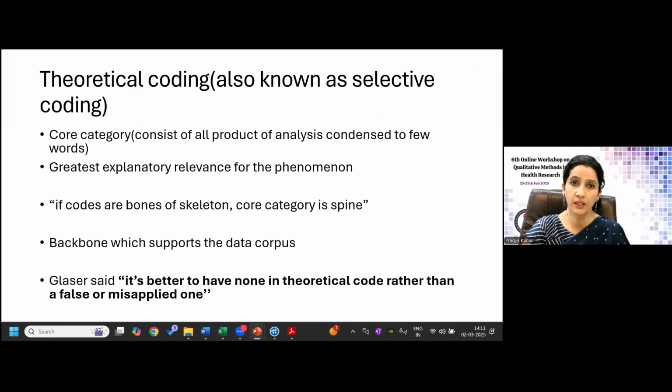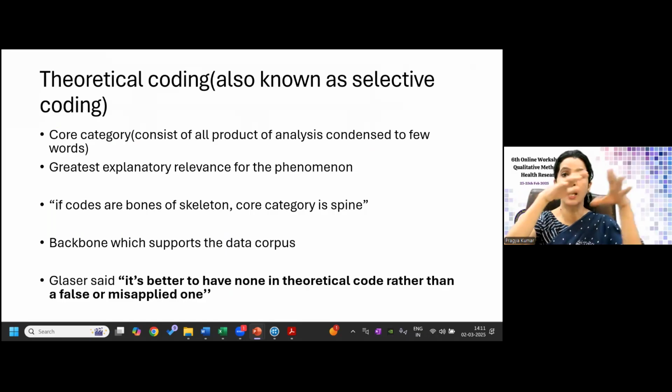Now coming to the third type of second cycle coding method, it is also known as the theoretical coding method. What is theoretical coding? It is also known as selective coding. Here you want to highlight one core theme which will explain everything in your data, like a backbone or overarching theme under which all other themes or categories will come.